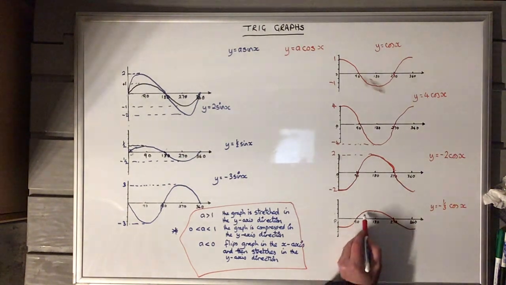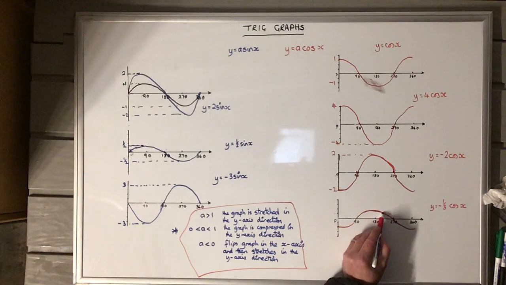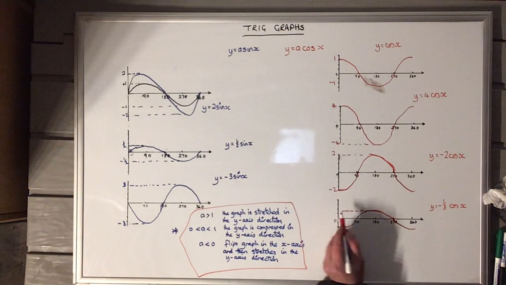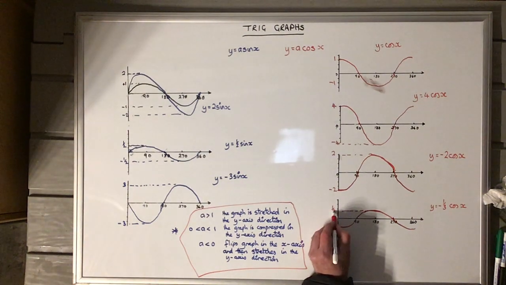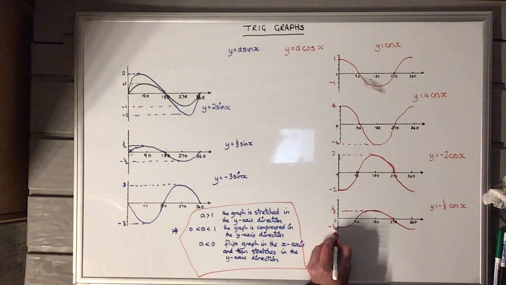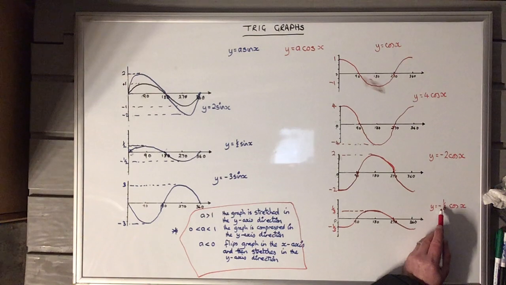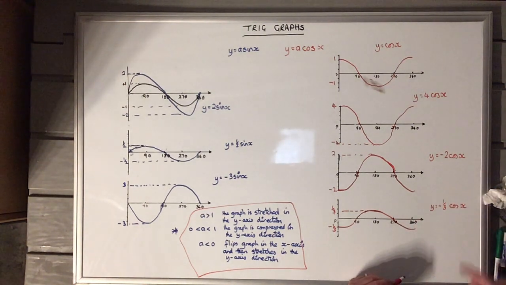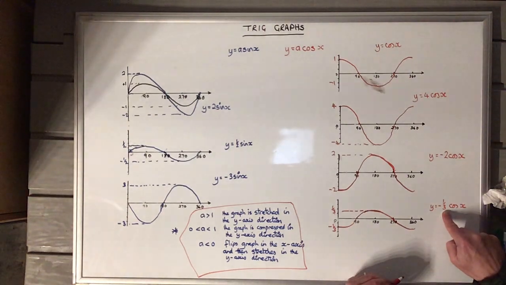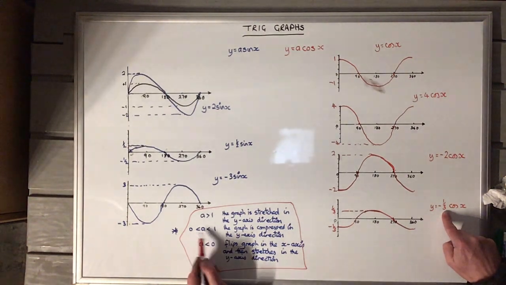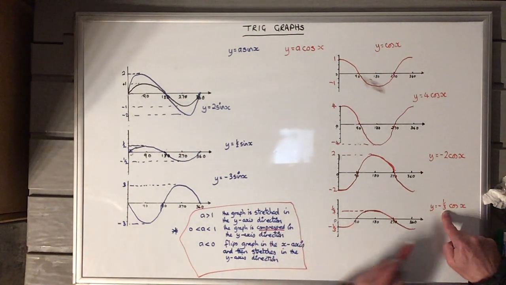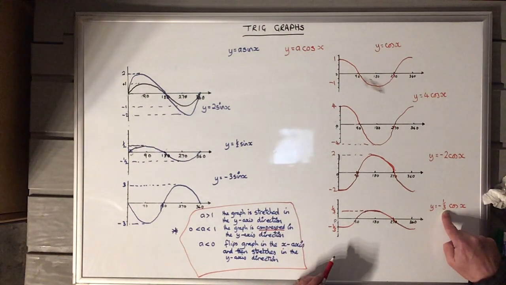That's supposed to be a cos graph there. A little bit rough, but there we go. And the maximum value and minimum value would be a third and minus a third. And it's been flipped because of the negative sign, but it's also been compressed because it's only a third. The A value is between 0 and 1, so it's compressed. Okay. And that's all there is to that.